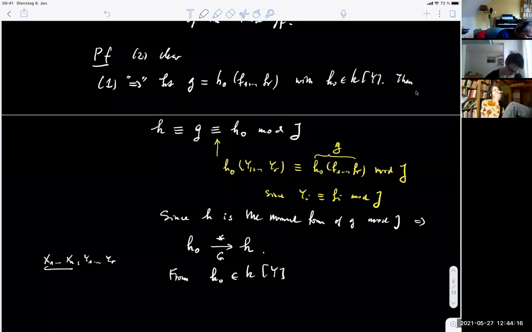Okay, and these are the larger ones. That's my elimination order. Now I have a polynomial H0. It only depends on these. And I reduce modulo my Gröbner basis, but the Gröbner basis is adapted to this elimination order. Then I know, and this was the content of a previous lemma, I get that the result also depends only on the Y variables. This was a lemma.